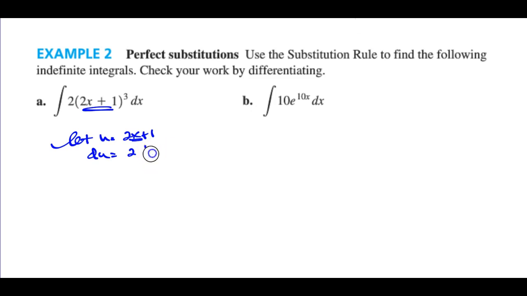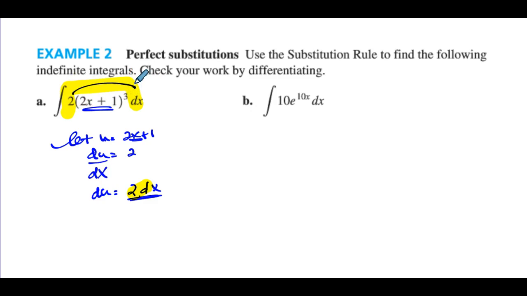Actually, maybe it'd make more sense because you did implicit differentiation: if this is u, this is really du/dx. I took the derivative of u with respect to x, but we just throw this dx over on this side because I have a 2 and a dx here. So that 2dx gets replaced with du.